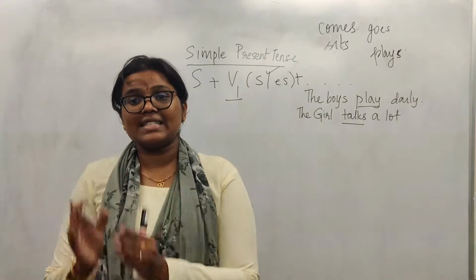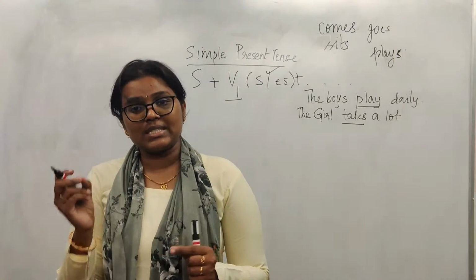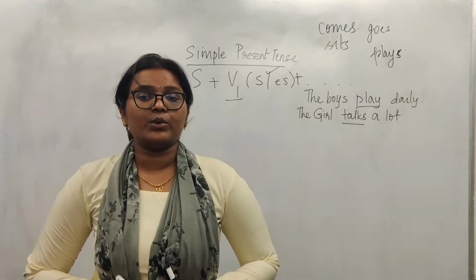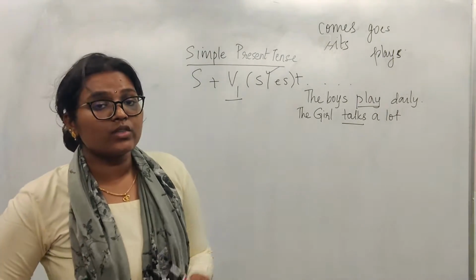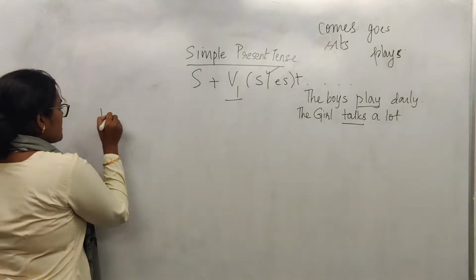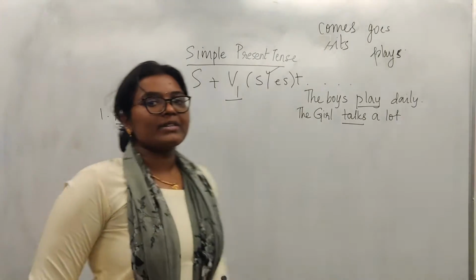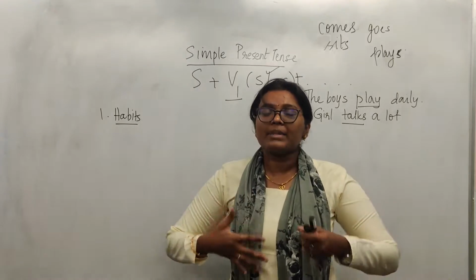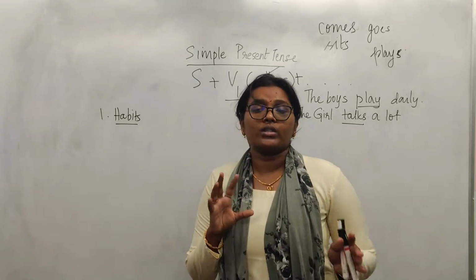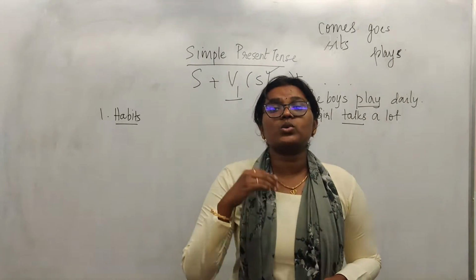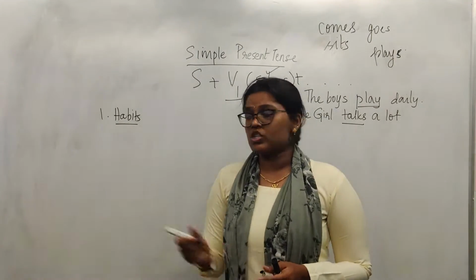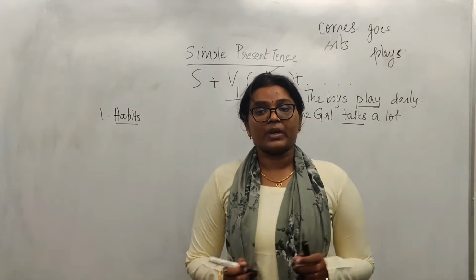Now we'll go into the details of it, like where do you use these sentences? The first place where you can use these sentences is when you're talking about habits, something that I'm used to or do on a daily basis, habitual happenings. For such things, we generally tend to use the simple present tense.